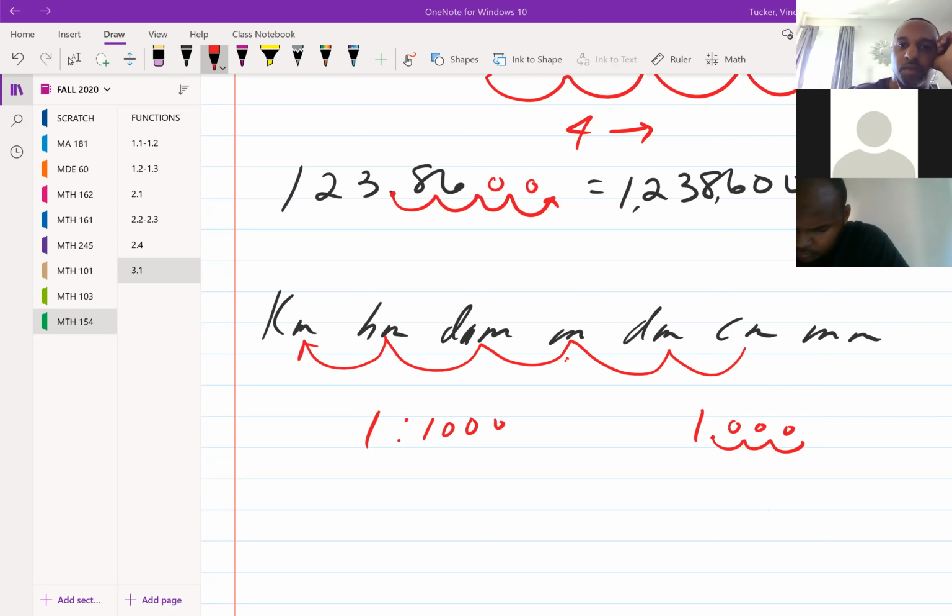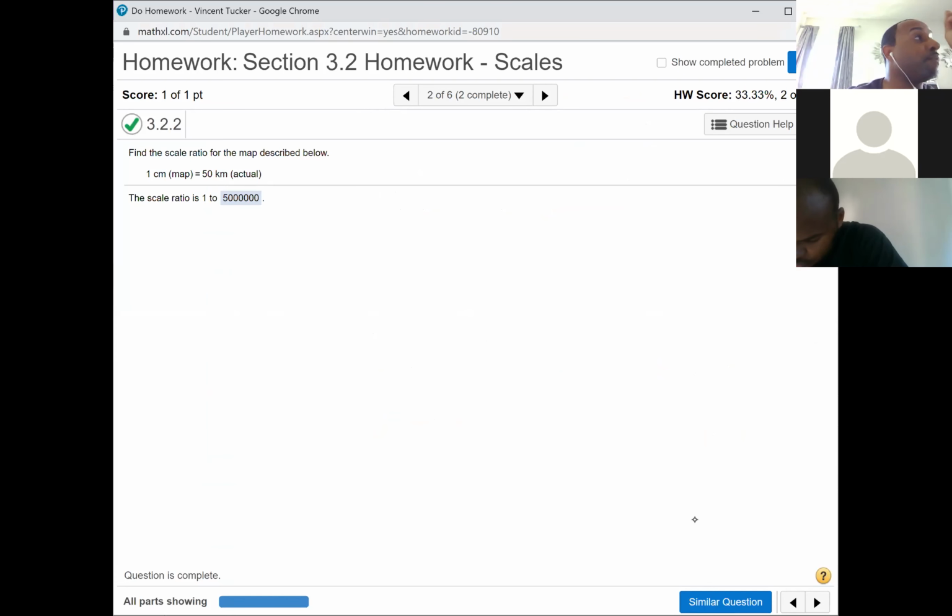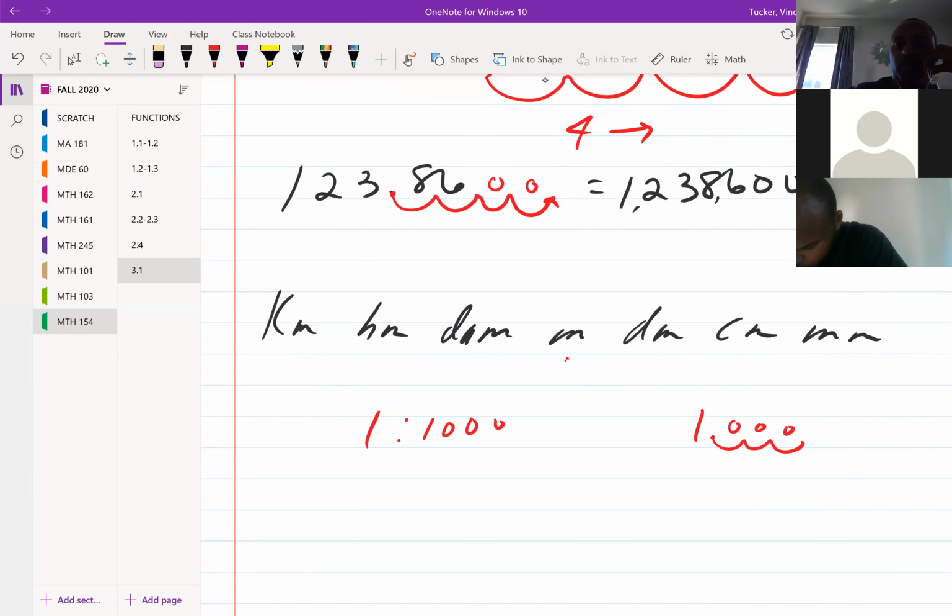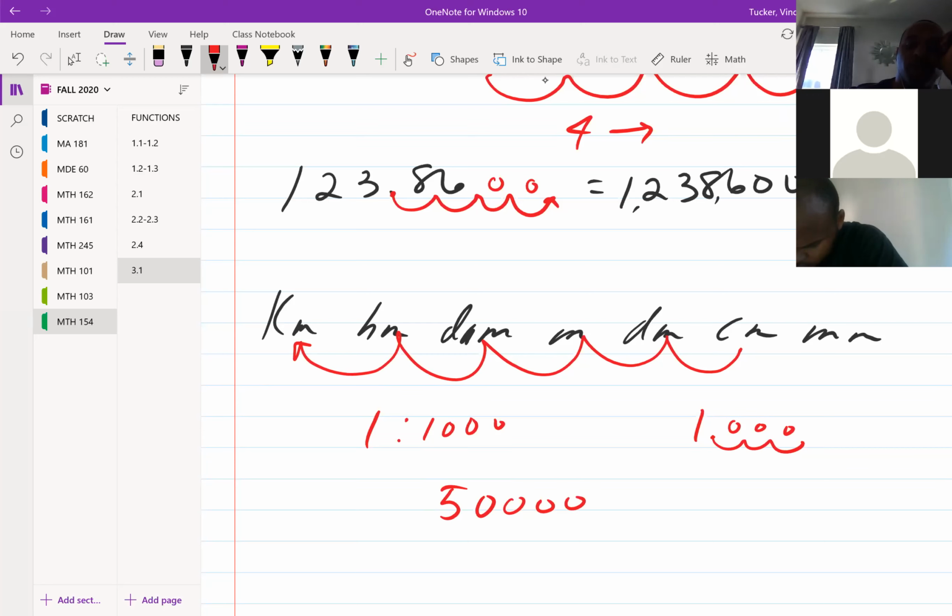So you would take that 50 and add 5 zeros behind it. You know, that goes back to what we just did. You know, just moving the decimal. Right. Centimeters to kilometers. 1, 2, 3, 4, 5. So that's where I got the 5 from. So we had 50. So I added 5 zeros. And so that's what I put in the box.